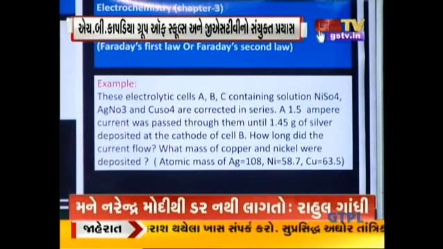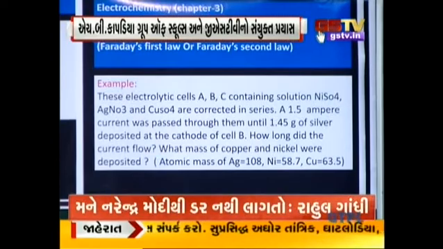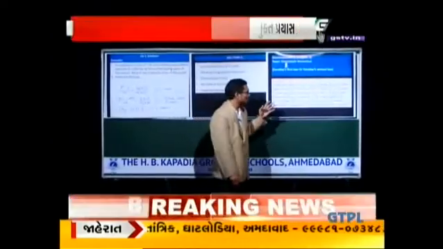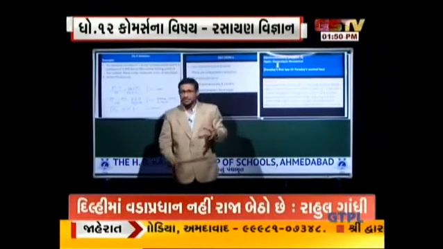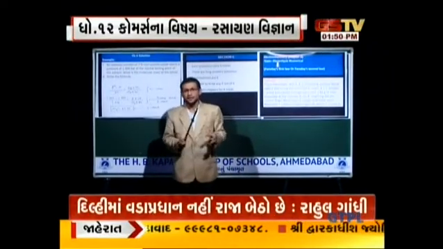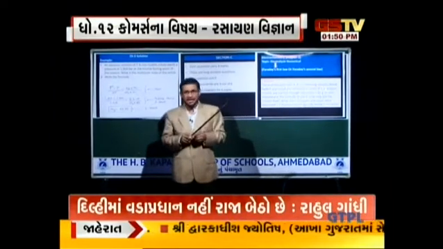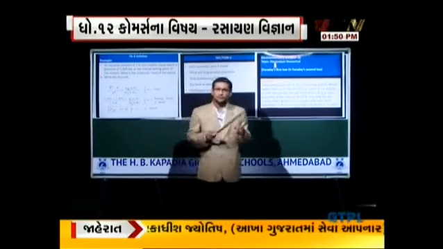So you have to prepare properly from chapter number 3, and they can also ask for differences, like electrochemical cell and electrolytic cell. Each point carries 0.5 marks.